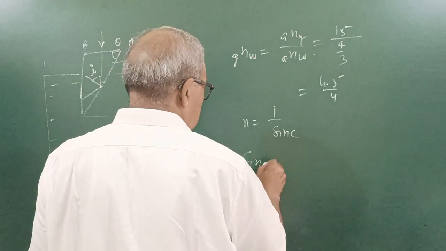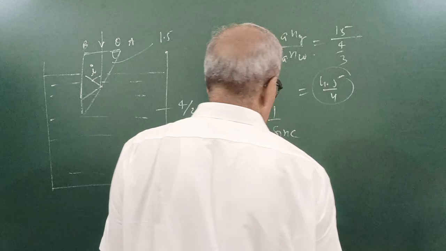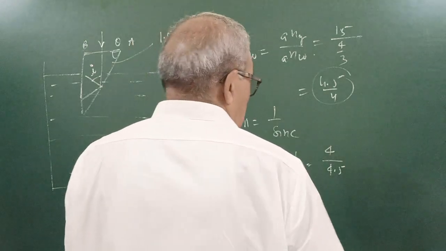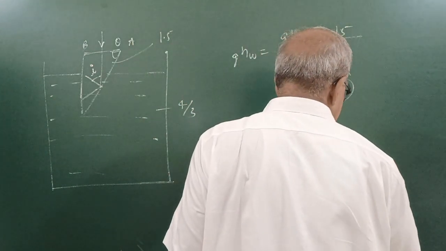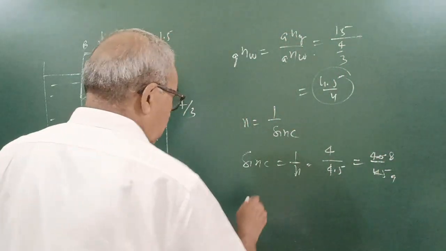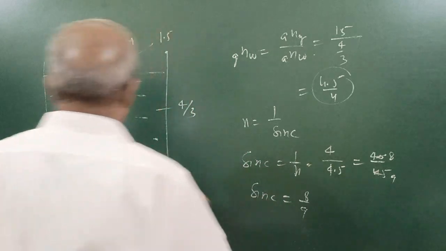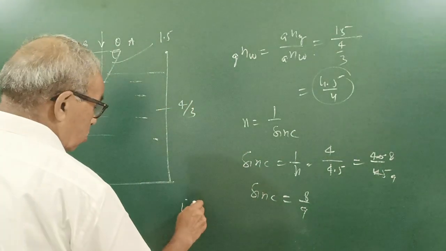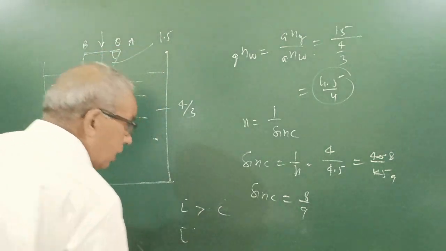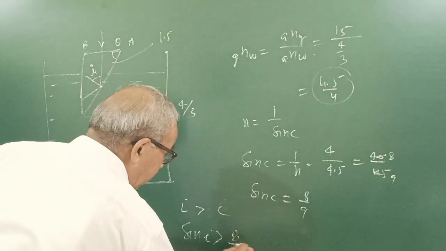So sin c equals 1 by n. Now what n will we take, this one, so it is 1 upon 4.5 upon 4, so it is 8 by 9. So sin c is 8 by 9, but our I should be greater than sin c, so therefore sin I should be greater than 8 by 9.